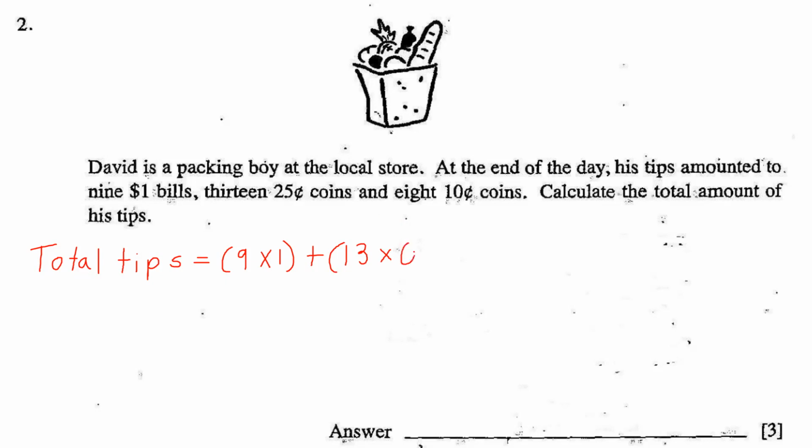Why 0.25? Because a quarter, that's how much it's worth. Yes, it's 25 cents. It's not dollars. Plus what? 8 times 0.10. Right, 8 times 0.10.